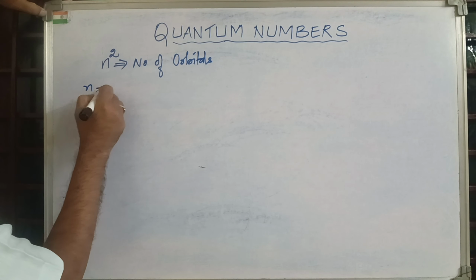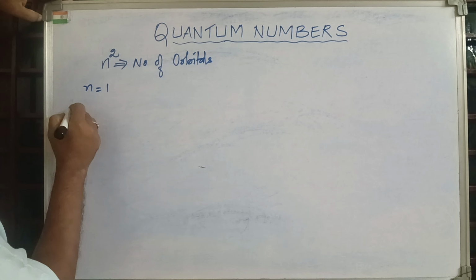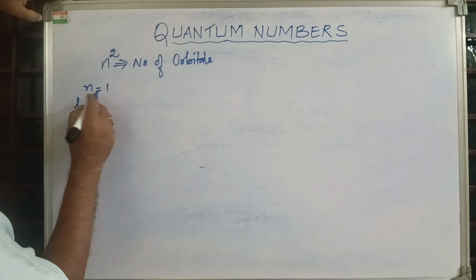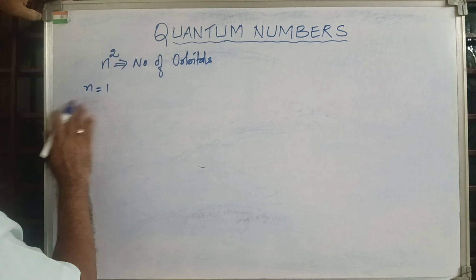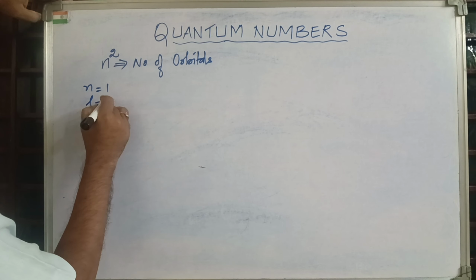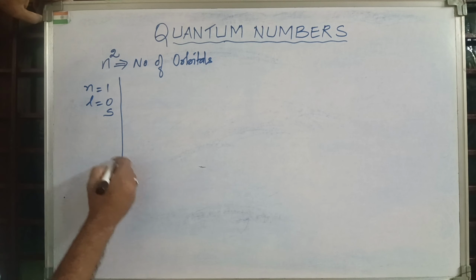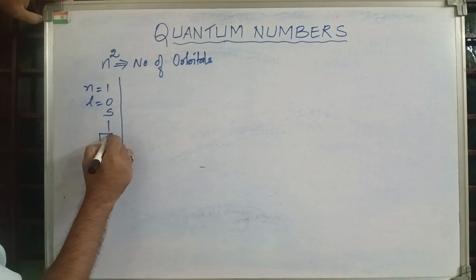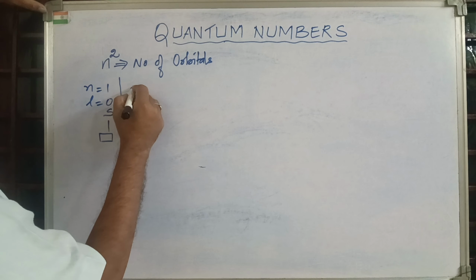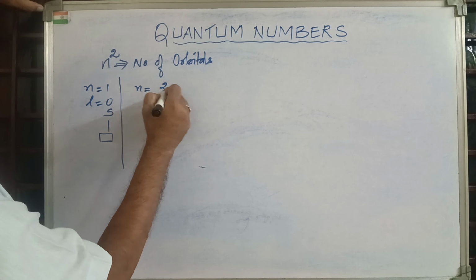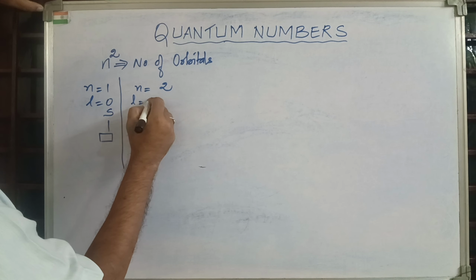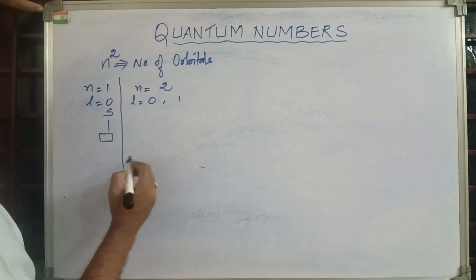N is equal to 1, where L is equal to what? 0. L is equal to 0. 0 means it is represented with S. S has got how many degenerate orbitals? 1.